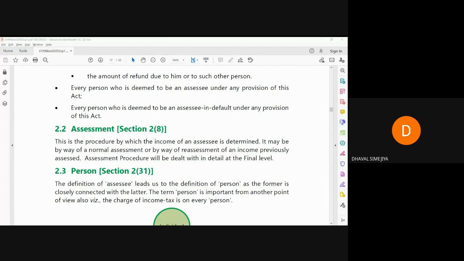The income tax department will not calculate how much tax that person is supposed to pay. But after the return is filed by Mr. X, the income tax department will reassess that income, and then it gives the notice.